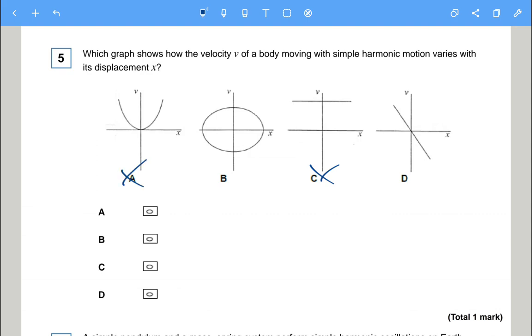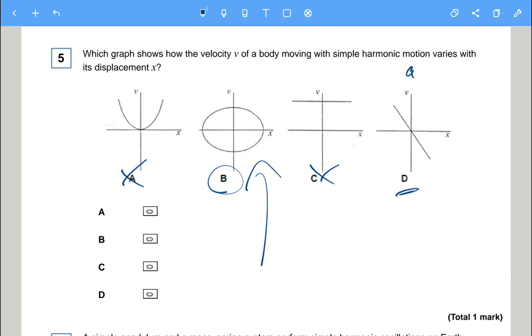So it's impossible to be A. So it's actually B. What I advise you to do is just learn that is the velocity displacement graph. And if you see it in a multiple choice question or in a long answer question, you just know which one it is immediately, so you don't even have to think about it. So B is Vx, this one will be Ax on the right hand side. So just be careful with that one.